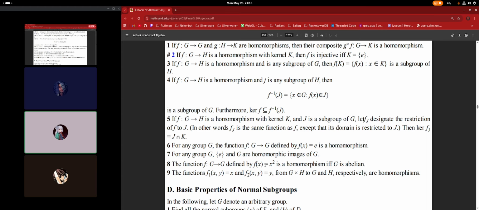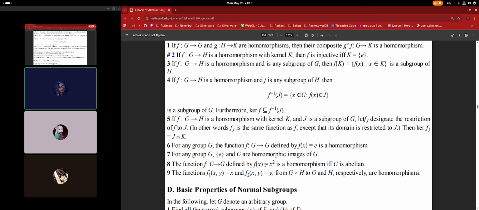F of x equals x squared. And it's an if and only if, so the other way around is also true.